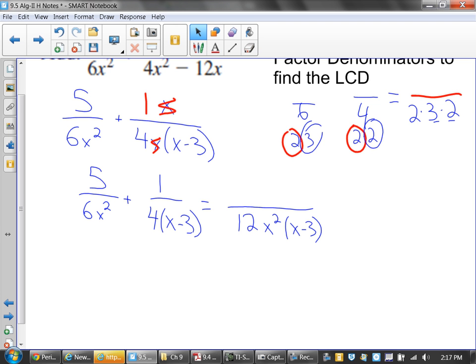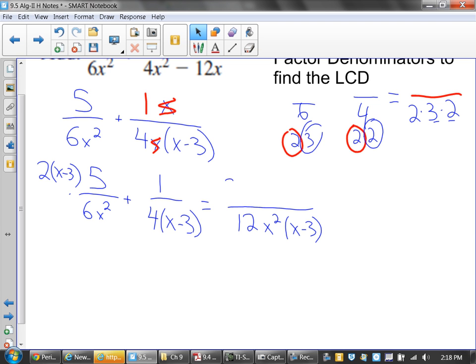So now when I go back, how do I turn a 6x squared into a 12x squared times an x minus 3? Better yet, how do I turn a 6 into a 12? What do you have to multiply by? 2. And it has the x squared, right? Does it have an x minus 3? So I have to multiply the top and bottom by 2 times x minus 3.